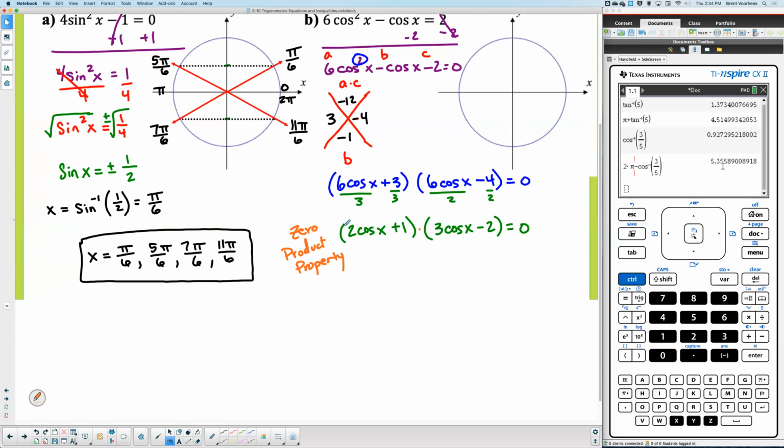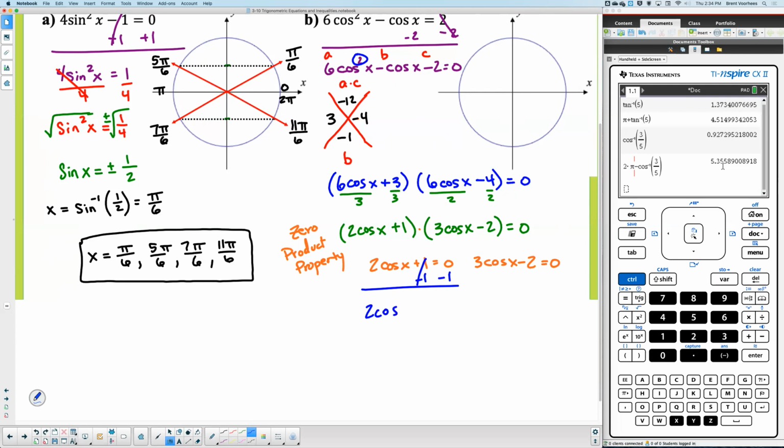And so algebra 2 teaches you, you can break down this equation and say, okay, 2 cosine x plus 1 has to equal 0, or 3 cosine x minus 2 has to equal 0. Otherwise, this is an impossible problem. So one of those two has to be the case. We'll solve each one individually to find the times where we could have 0. So let's start on this first factor. What could I do on this one? Sure. We're going to subtract 1.